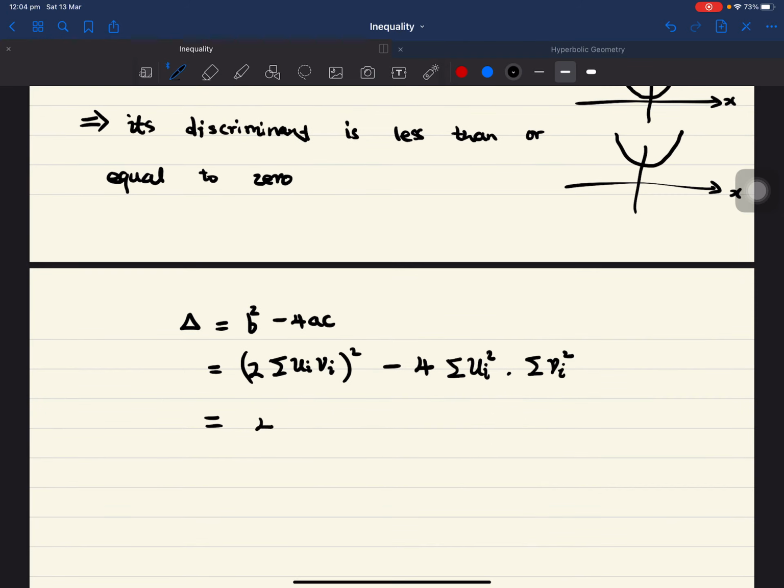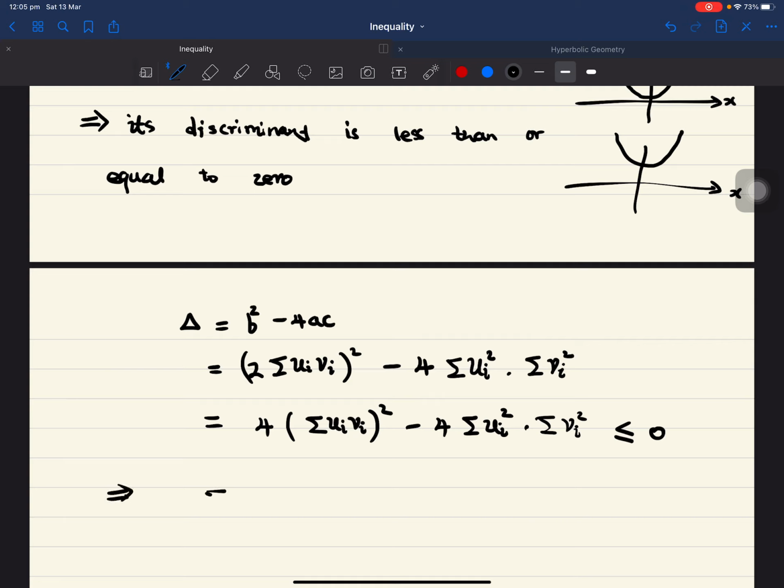That gives us 4 times the sum of UiVi squared minus 4 times the sum of Ui squared times the sum of Vi squared, and that is less than or equal to 0.